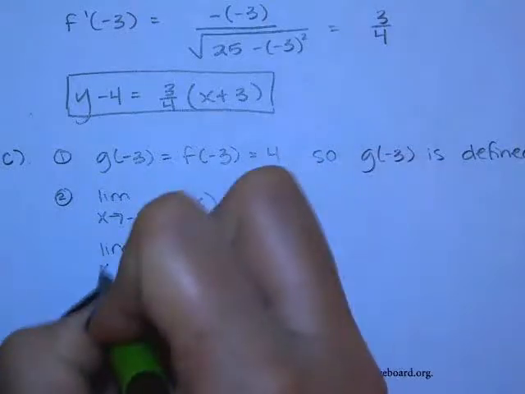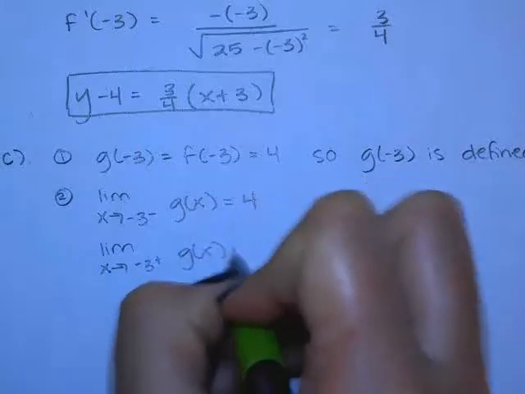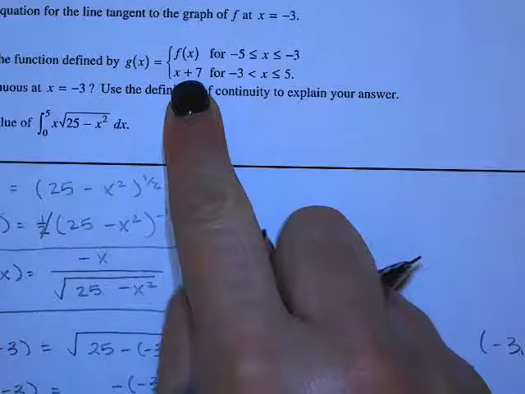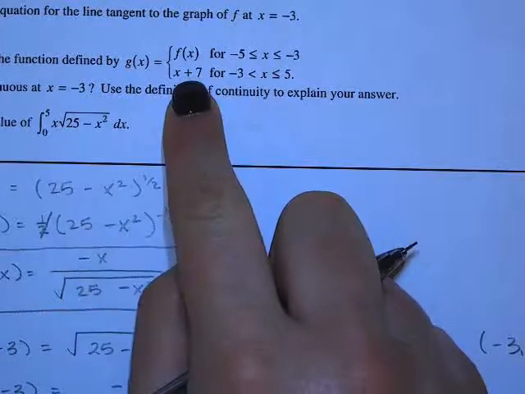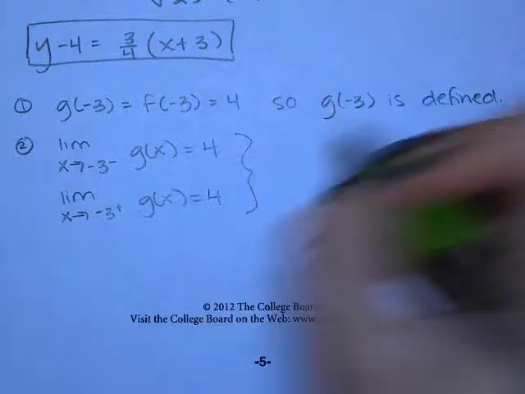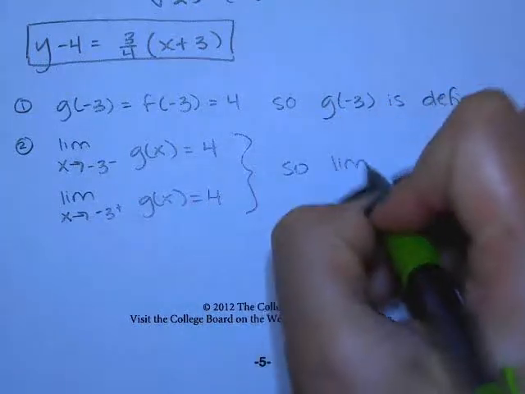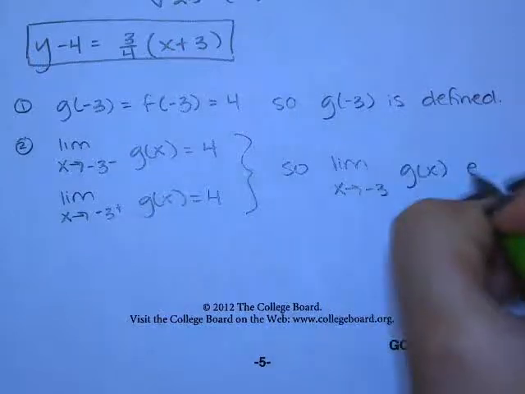The limit as x approaches negative 3 from the right of g of x would be the other part of the piecewise function. And so if I plug negative 3 in here, even though it can't equal negative 3, it's still going to find the right-hand limit. So negative 3 plus 7 is also 4. So the limit as x approaches negative 3 of g of x exists.